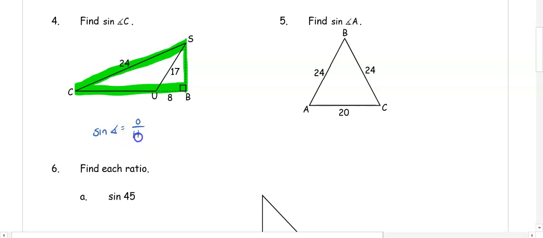We don't know the opposite side yet, so we're going to do Pythagorean theorem. 17 squared equals 8 squared plus x squared. 289 is equal to 64 plus x squared. 225 is equal to x squared, so x is 15. So if I'm looking at the full right triangle, my opposite side of C is 15, and my hypotenuse is 24.